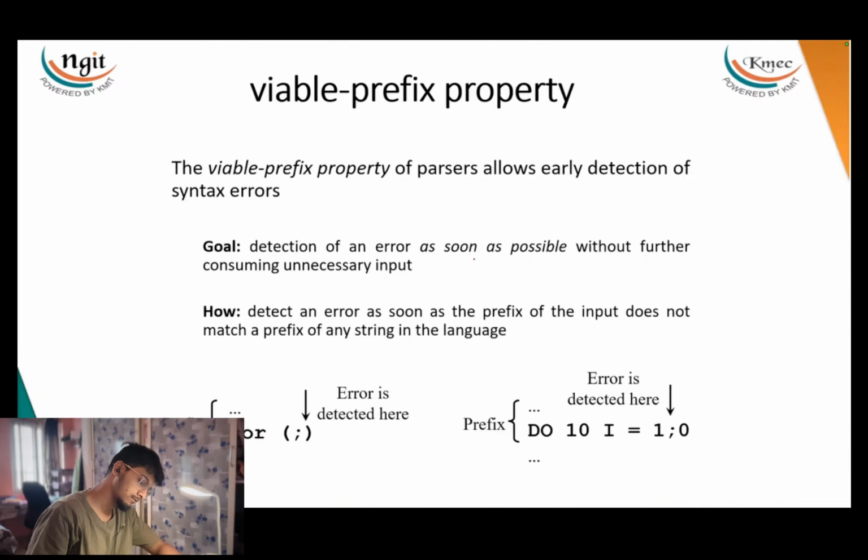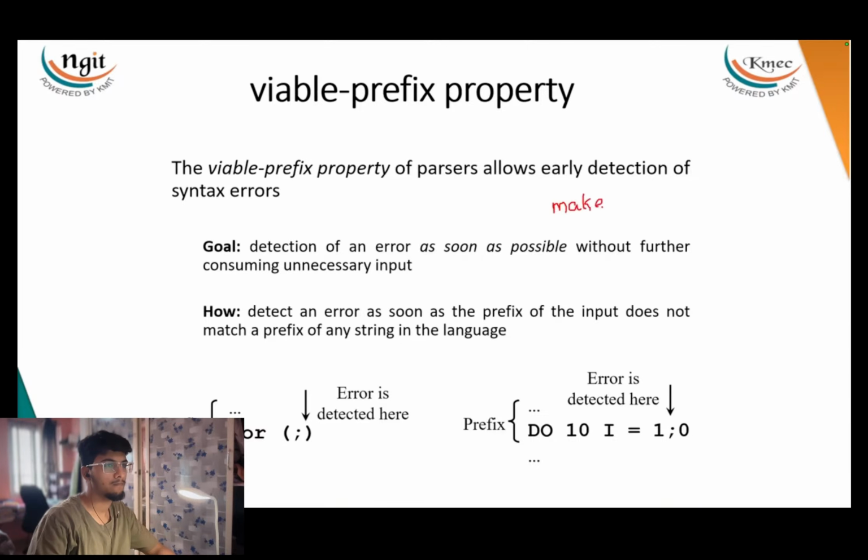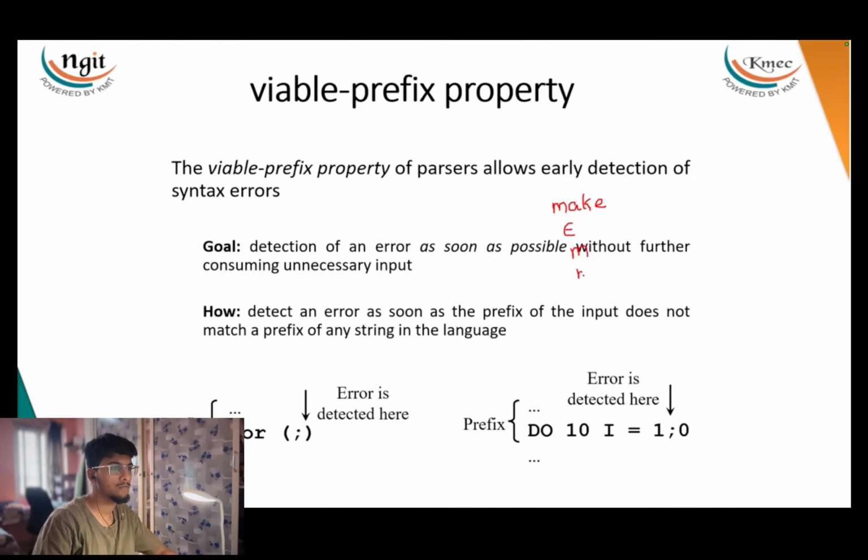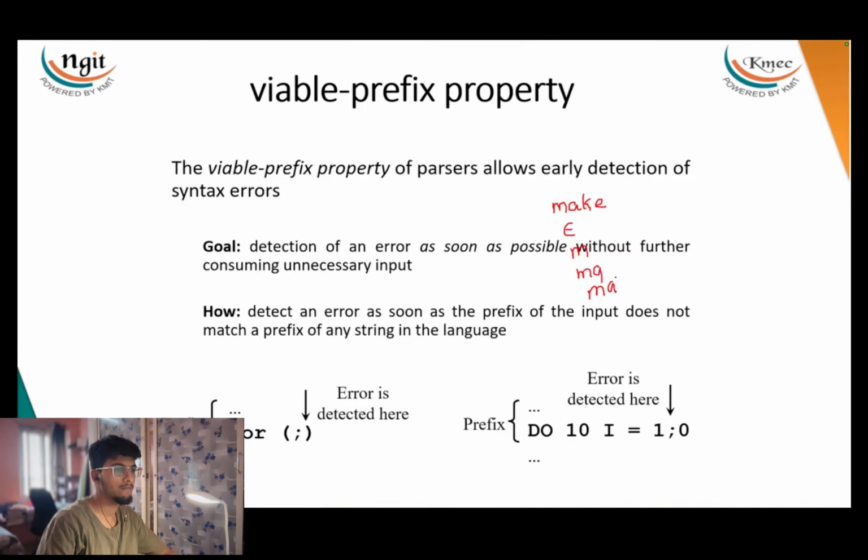For example, take a string make. The prefixes of it are epsilon, m, ma, mak, make. In the same way, whenever you have written a statement, for every prefix it will check for errors. Whenever an error occurs, it will stop, so that we can reduce the reading of unnecessary input.